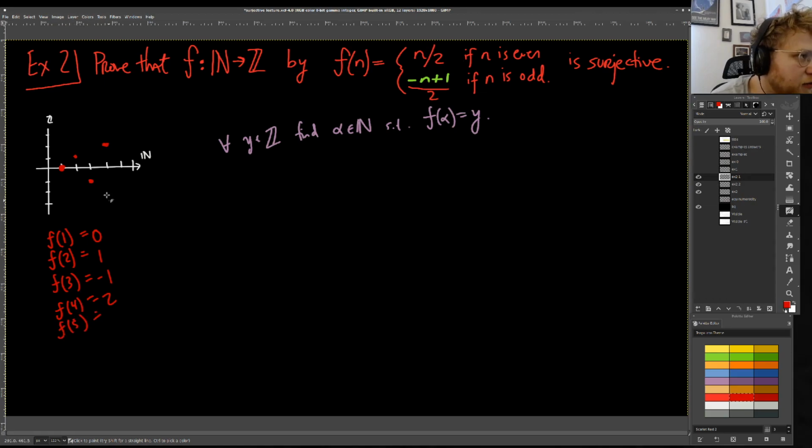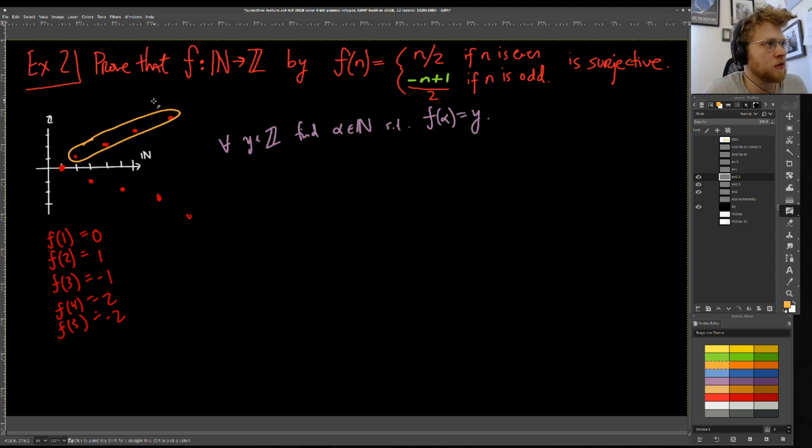And then hopefully you can see a pattern here. This will be negative 2, and then going on and on like this. Notice that for all of these points up here, that's 2, 4, 6, 8, those are the even ones.